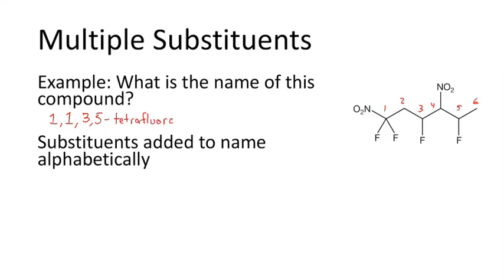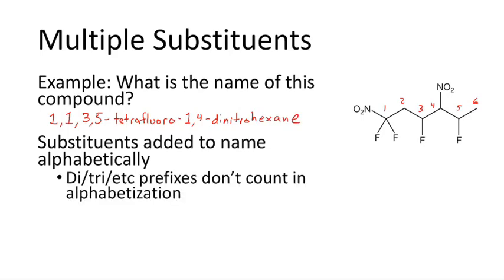And then for the nitro, they're on 1 and 4, and it's dinitro, and then the backbone is hexane. So that's the name. Notice that the prefixes that we add to the substituent names don't change the alphabetization. So fluoro is still before nitro, even though tetra comes before di. So this is the order that you have to write the names in an IUPAC name.